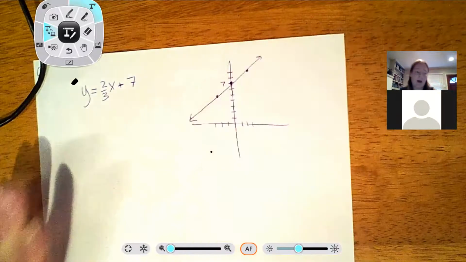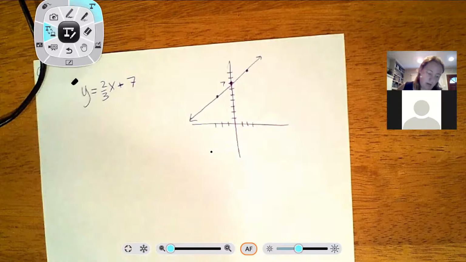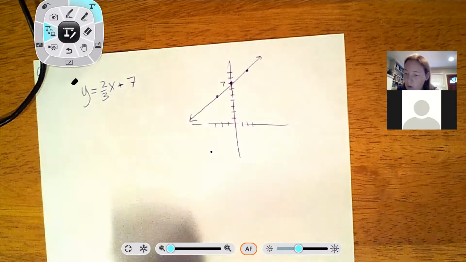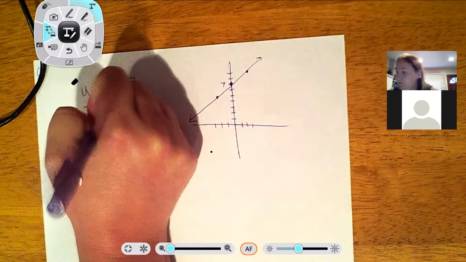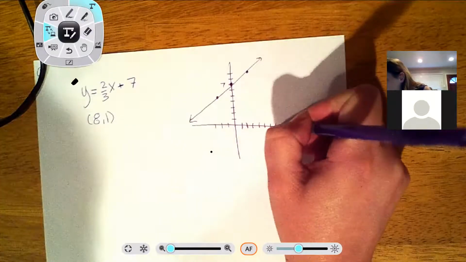Let's say I have that line, and I want to figure out an equation of a line that is perpendicular to that and goes through the point 8, 1. 1, 2, 3, 4, 5, 6, 7, 8, 1.